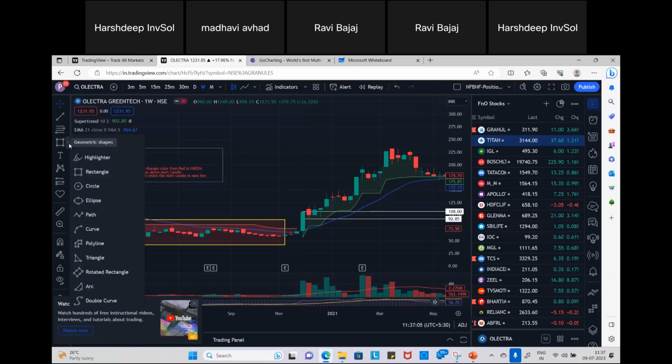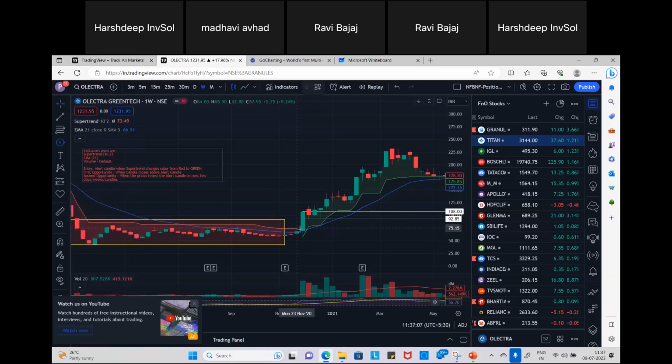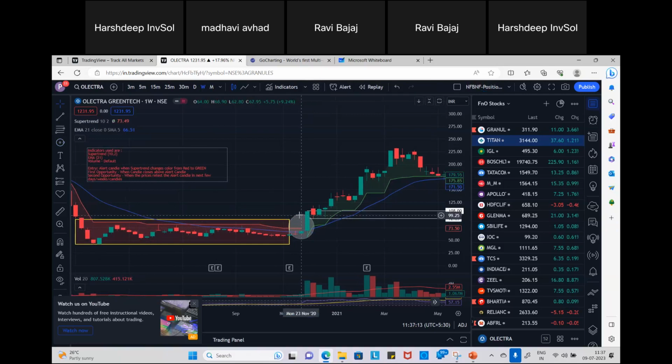So what are those confirmations? One is the candle color change. Second, high volumes.